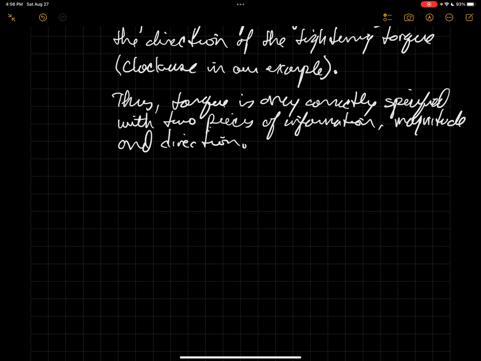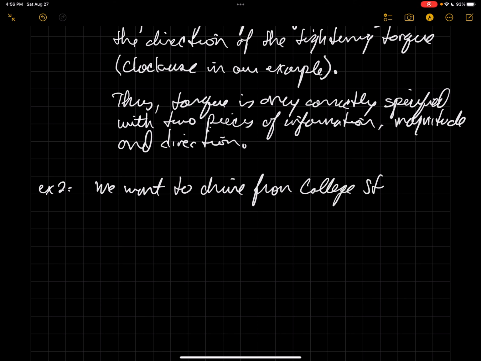Okay, so let's suppose that we want to drive from College Station to the Dallas-Fort Worth Airport.